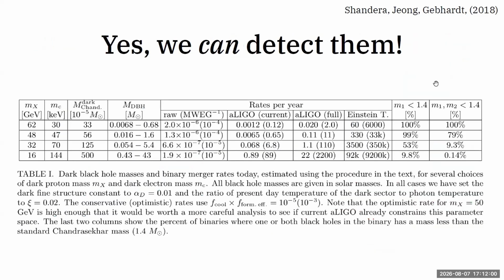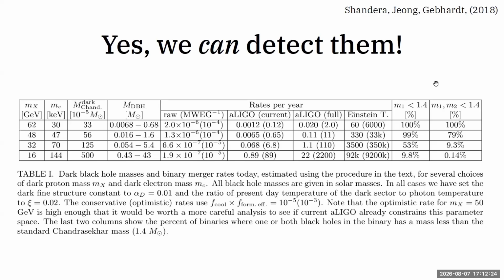So this is a table. I normally don't put a table in my talk, but the number that I want to highlight is that even the current LIGO, Advanced LIGO, and then LIGO full upgrade, we expect to have between 1 and 1,000 events if the proton mass is 16 GeV and the electron mass is 144 keV.